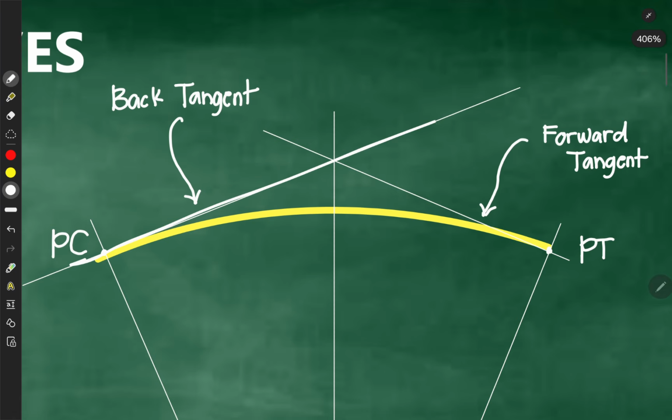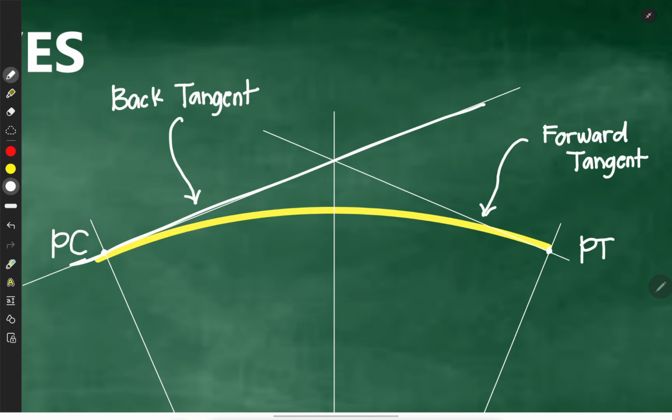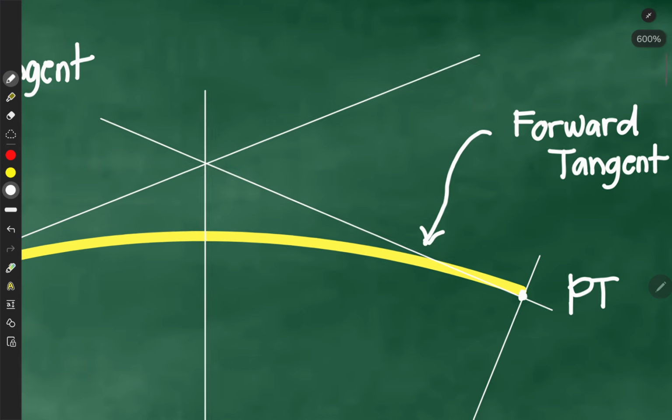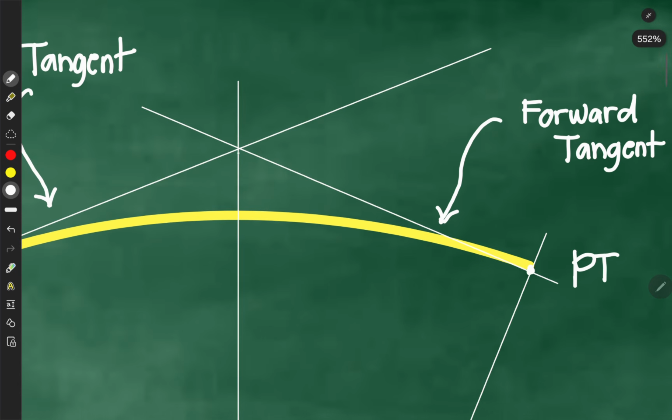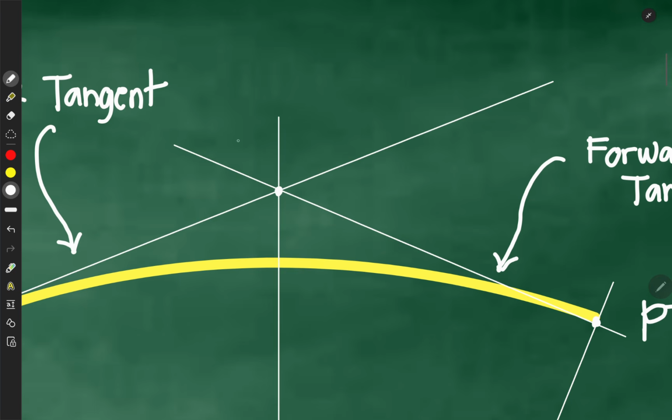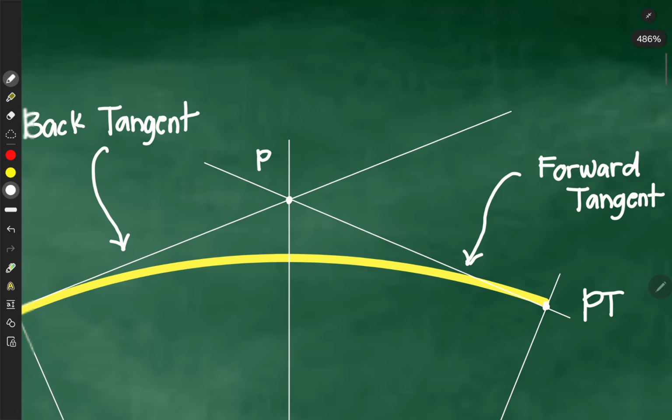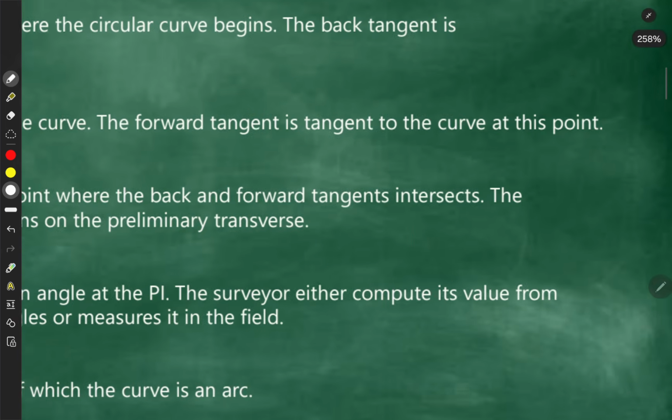So if this is our back tangent and this is our forward tangent, ito ngayon yung ating point of intersection. This is what we call our PI. Okay?